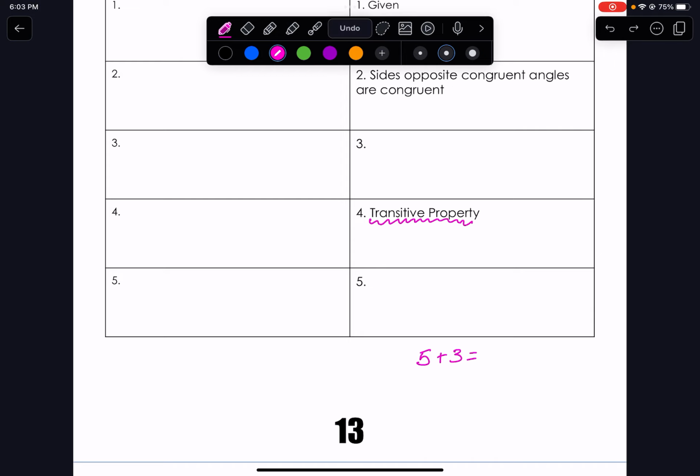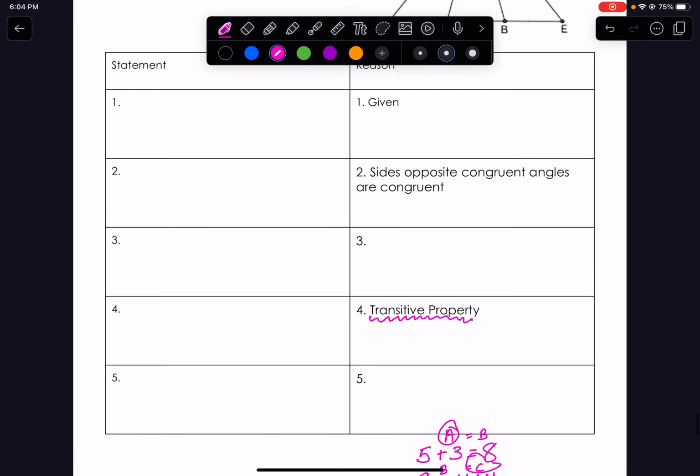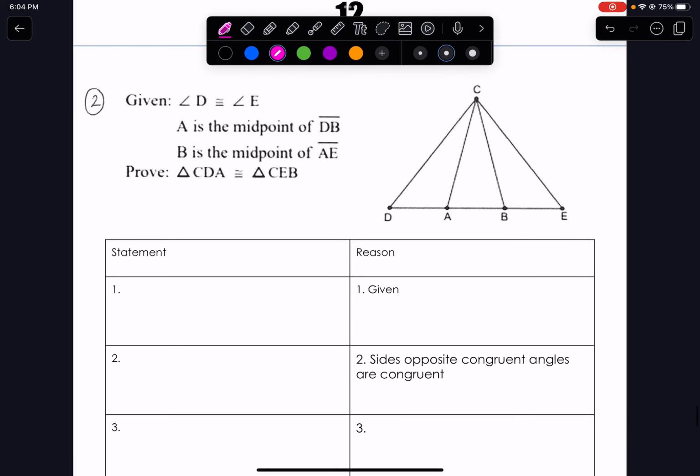That is completely wrong. 5 plus 3 is equal to 8. 8 is also equal to 4 plus 4. So we would all agree that 5 plus 3 is also equal to 4 plus 4, because they're both equal to 8. It's basically saying that if A is equal to B and B is equal to C, then A and C are also the same. So with that in mind, let's look at our proof.